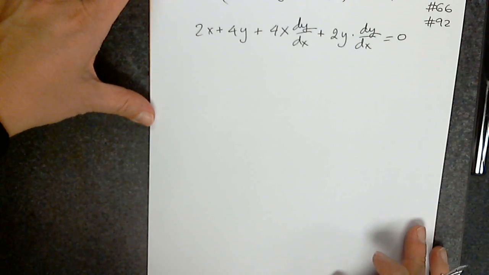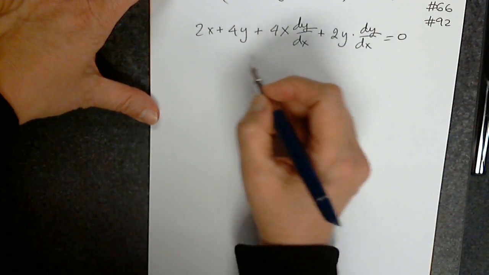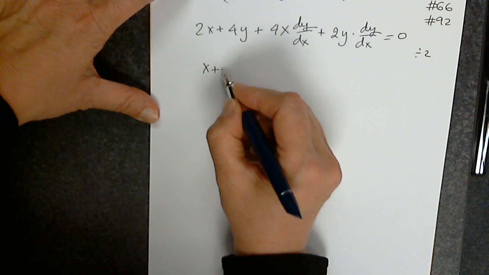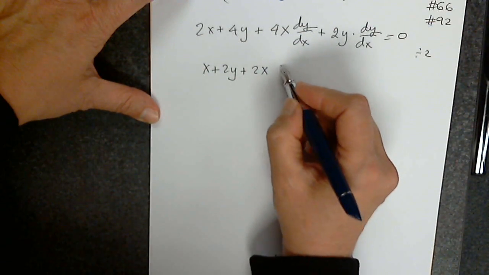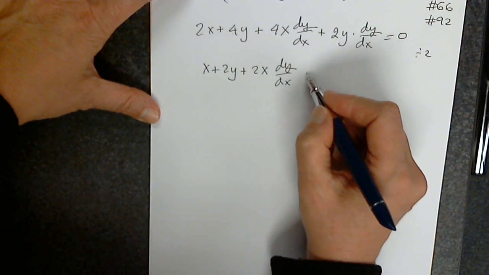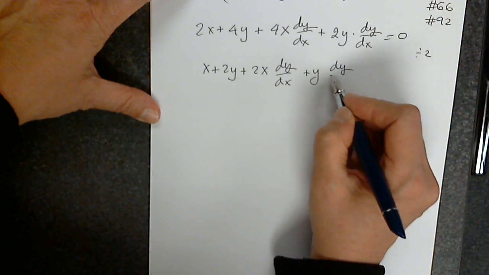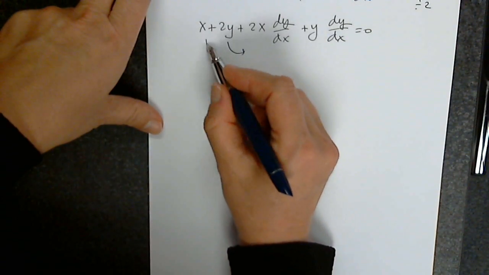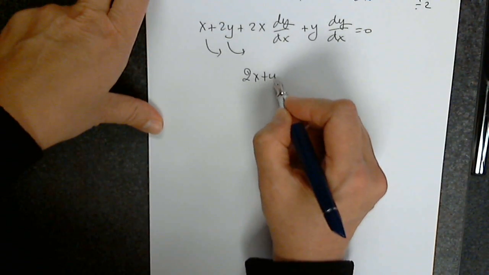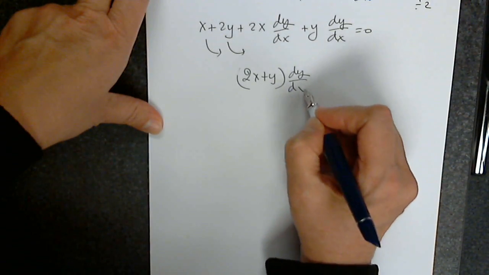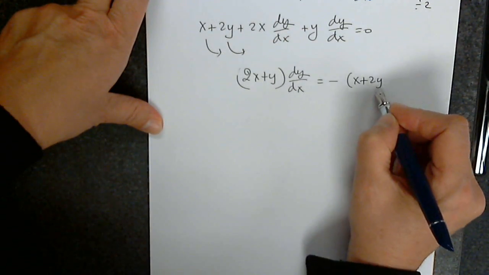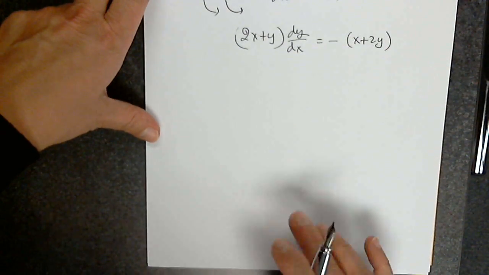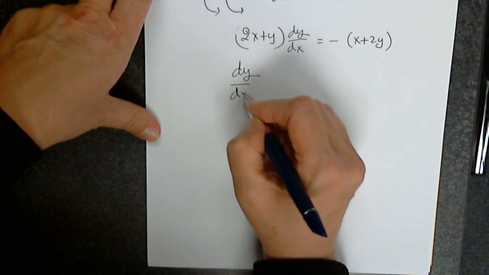Any questions on this step? Okay, so I will divide everything by 2: x plus 2y plus 2x dy over dx plus y dy over dx. I will factor out dy over dx and move these two to the other side. So then I have finally dy over dx equals.